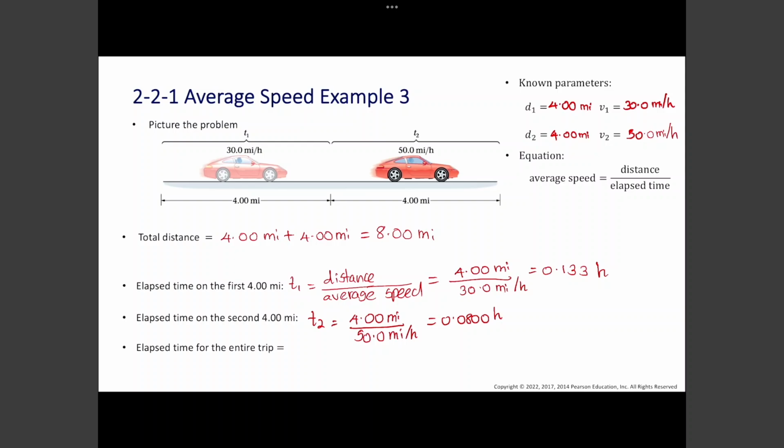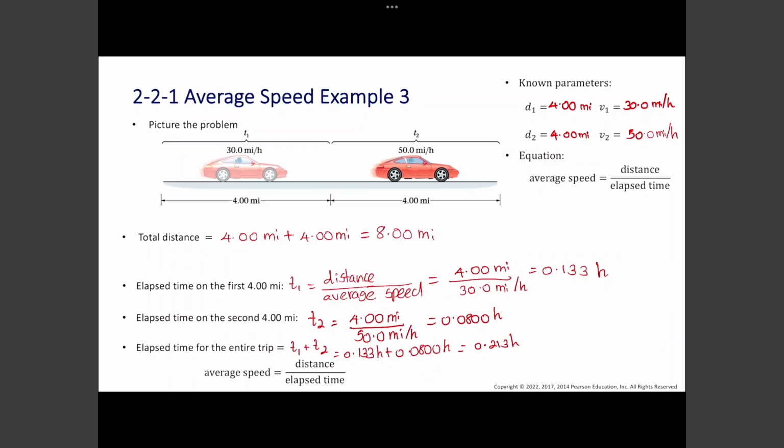Therefore the total elapsed time for the entire trip is T1 plus T2, that is 0.133 hours plus 0.0800 hours, which is equal to 0.213 hours.